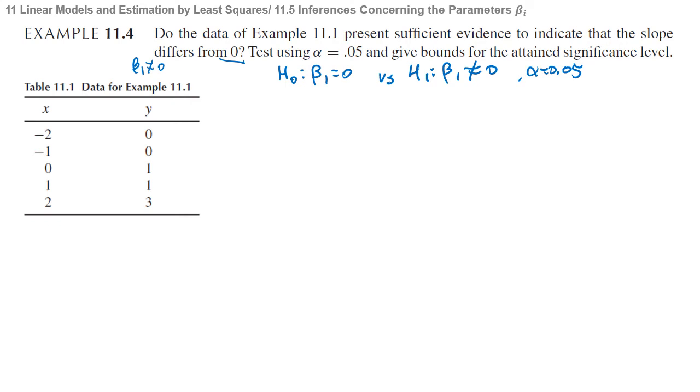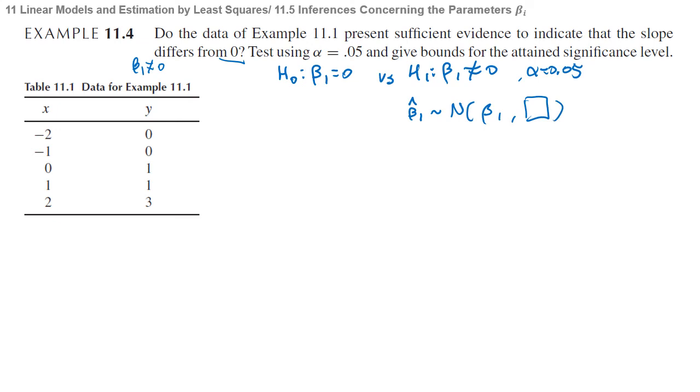The test statistic would be related to beta 1 hat, which follows a normal distribution with mean beta 1 and the variance component.